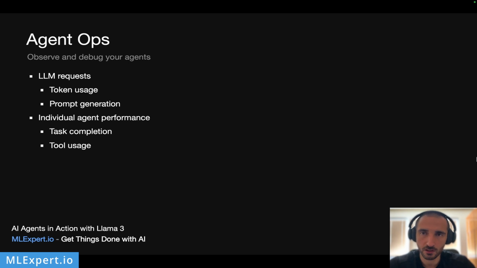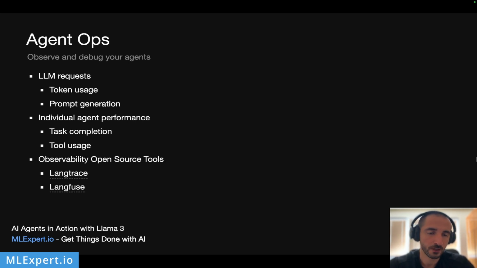So I wrote some callbacks that are going to help us understand a bit better what is happening behind the scenes. If you want to debug your tool usage or your prompts, then you are going to have a much easier time using the tools that I'm going to provide with the source code of this project. And of course, there are some free and open source tools such as LangChain and LangFuse.